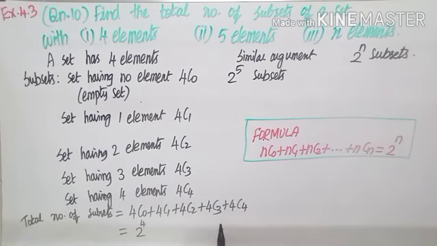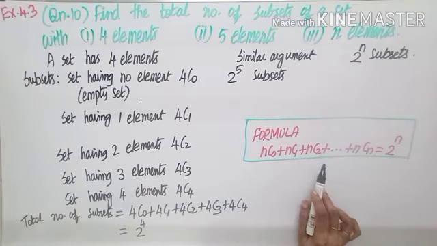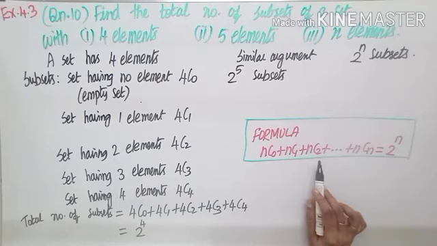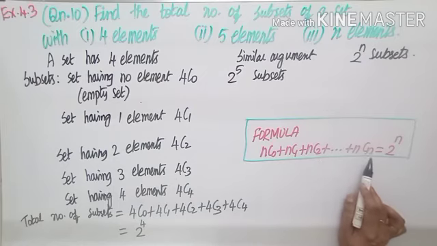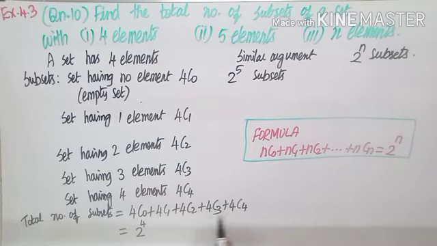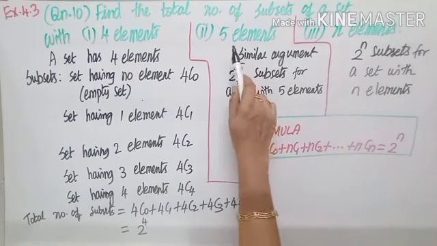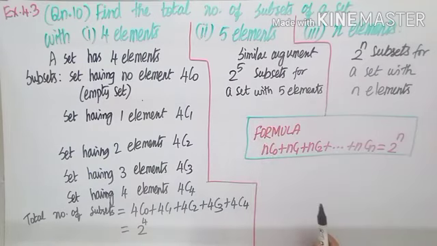We should remember a formula which we will study in detail in the binomial theorem in the next chapter. nC0 plus nC1 plus nC2 and so on up to nCn is 2 power n. Here 4C0, 4C1 up to 4C4 is nothing but 2 power 4. With a similar argument, a set having 5 elements will have 2 power 5 subsets, and a set having n elements will have 2 power n subsets.